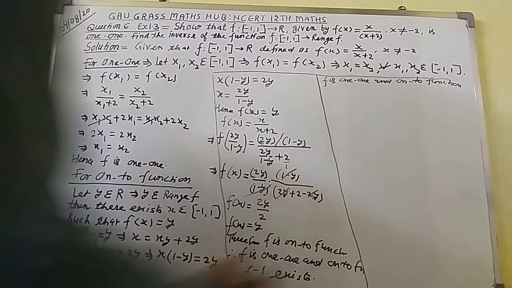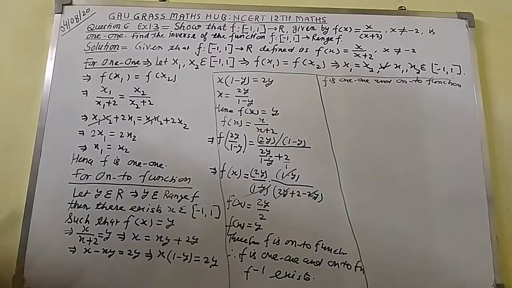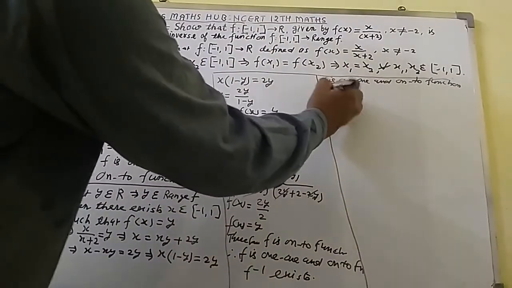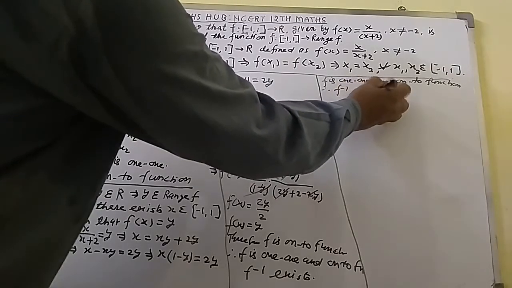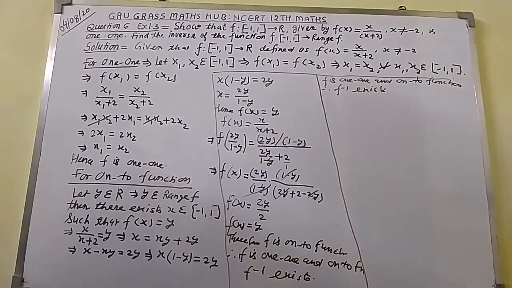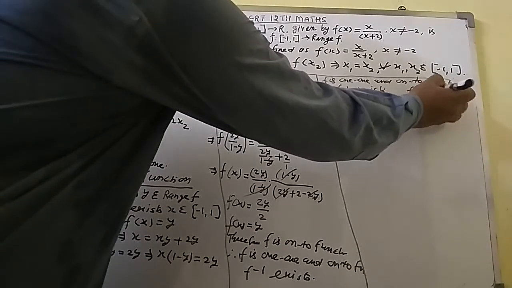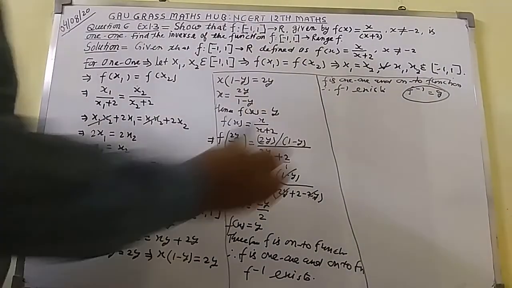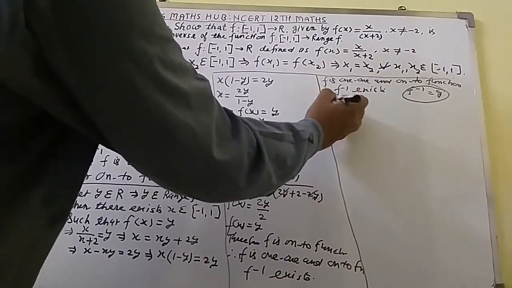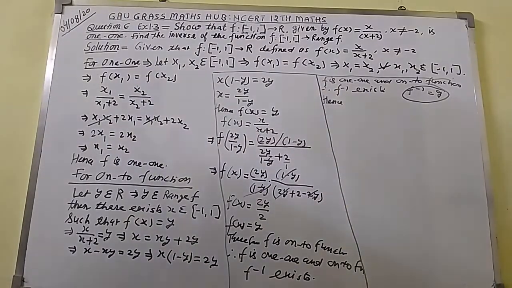Therefore f is one-one and onto function, f inverse exists. On this basis, hence f inverse exists. You know the formula, f inverse equal to g. This is the formula you must know. Hence you can write here f inverse equal to g.